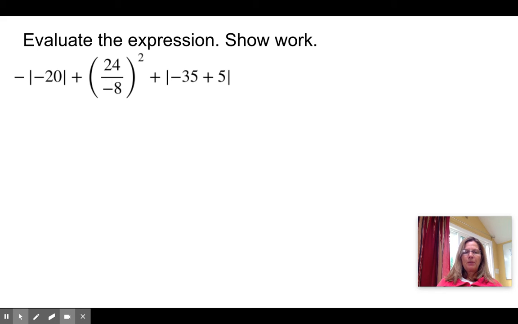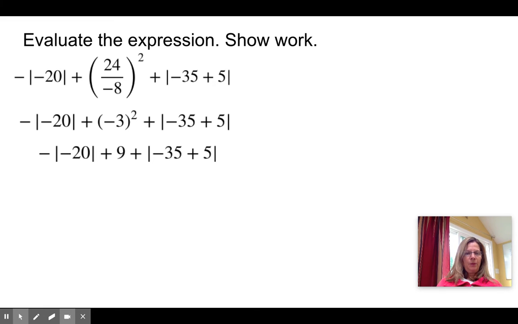Most people look at that parentheses and say, well, let's do that division problem, 24 divided by negative 8. That's negative 3. Notice I've copied everything else down just the way we see it. And then I would say, what should we do next? Probably you would say the exponent. So negative 3 times negative 3 is positive 9.